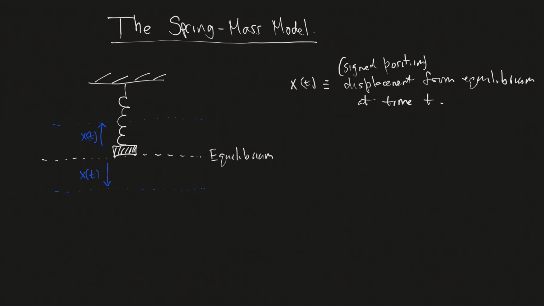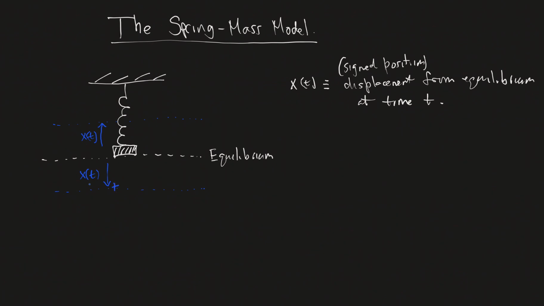Whenever you have a system where there's an object and that object can go in two directions, either above or below, you would like to have some sense of orientation. So we are going to take down as positive.